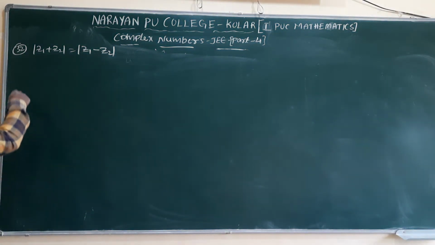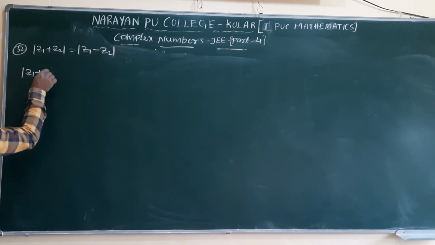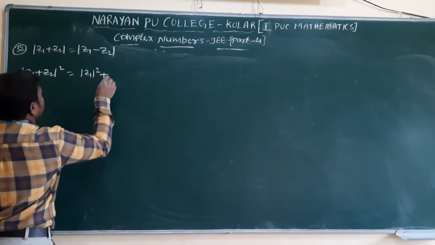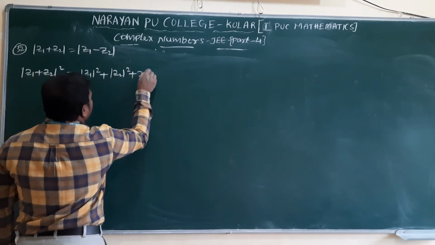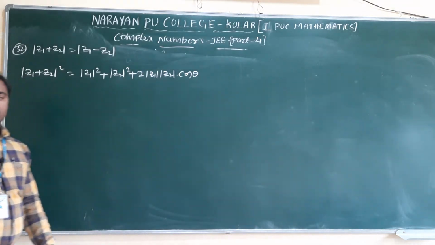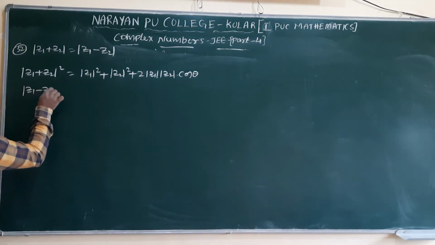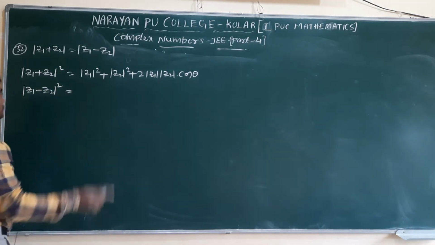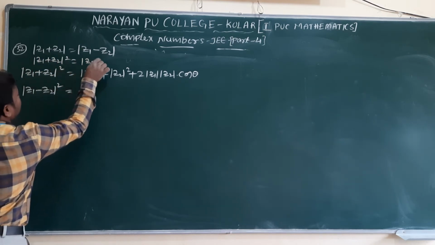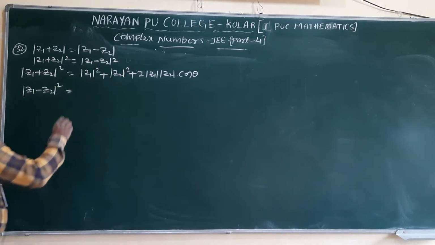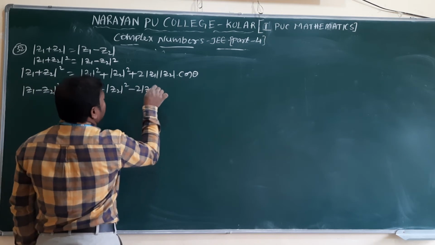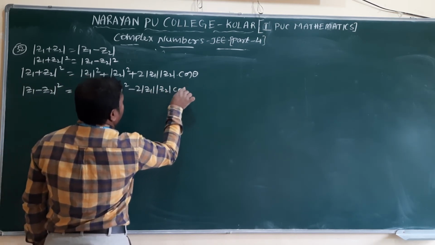Here we know the formula: |z1 + z2|² = |z1|² + |z2|² + 2|z1||z2|cos θ. And another formula: |z1 − z2|² = |z1|² + |z2|² − 2|z1||z2|cos θ.